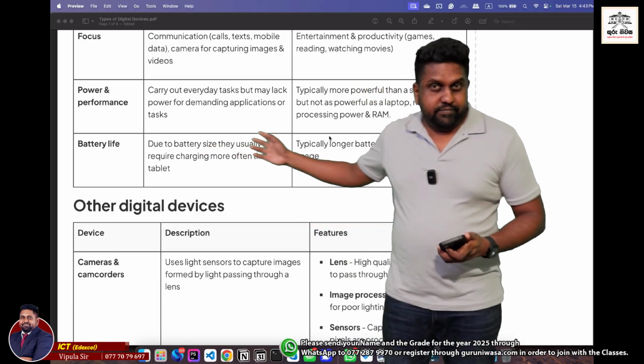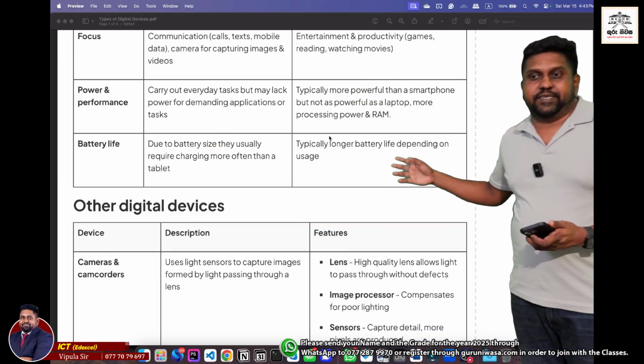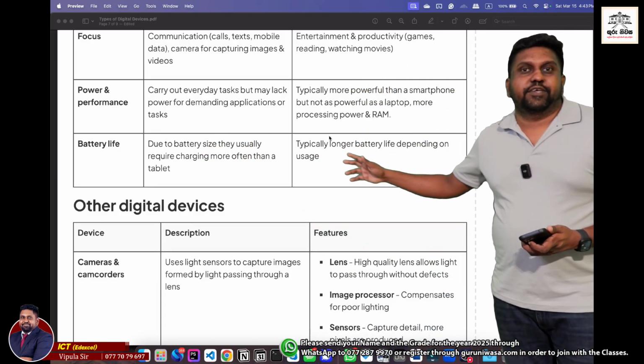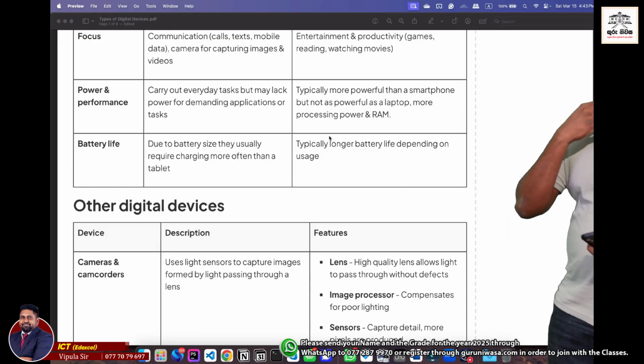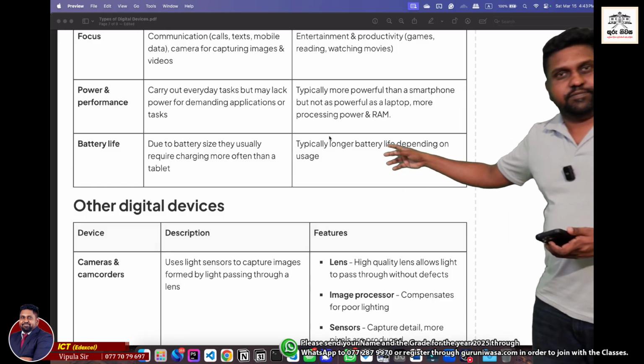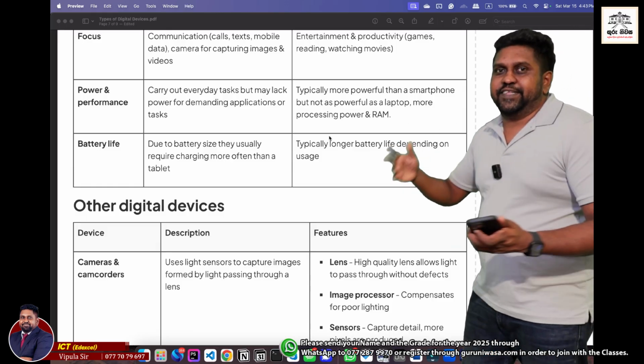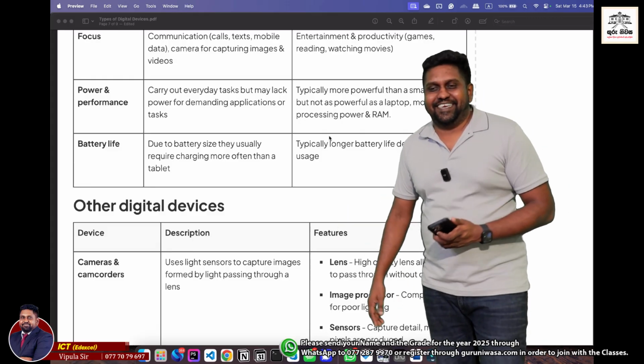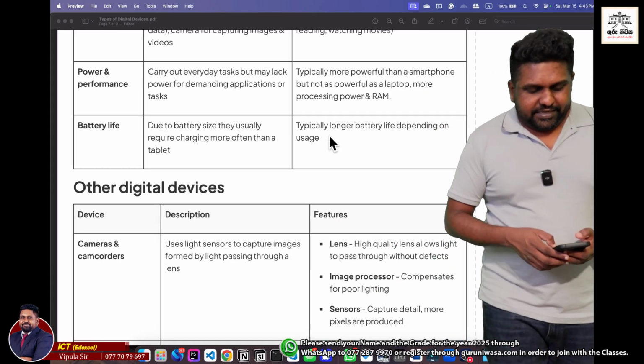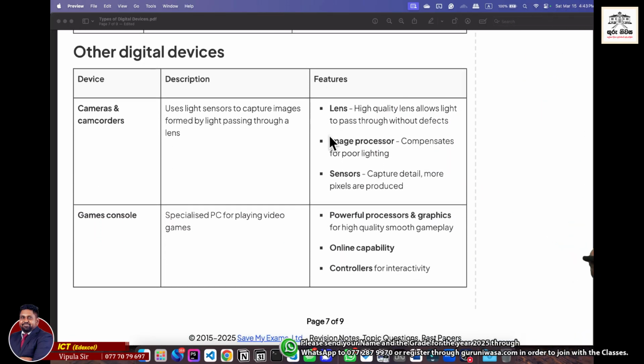But tablets do have larger batteries which will let you use them for longer periods of time, which is again, yes, designed to do that, right? So that's how.